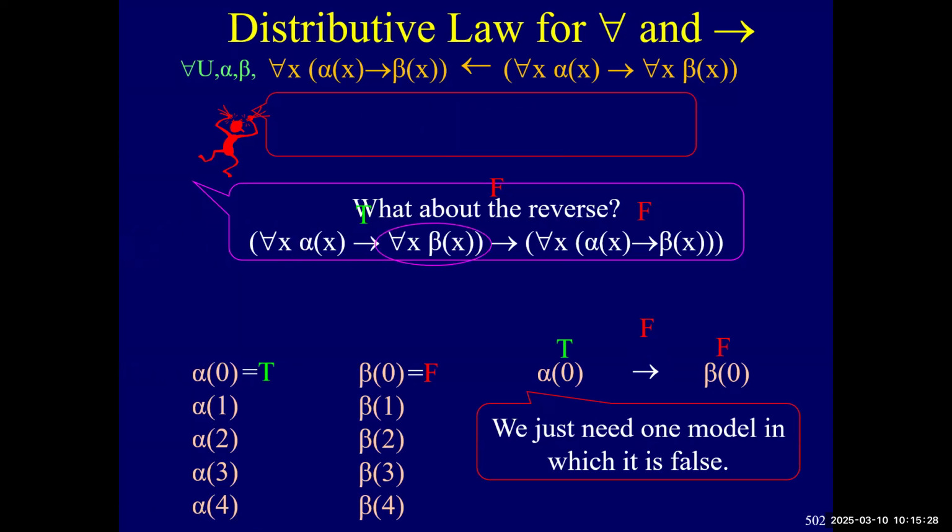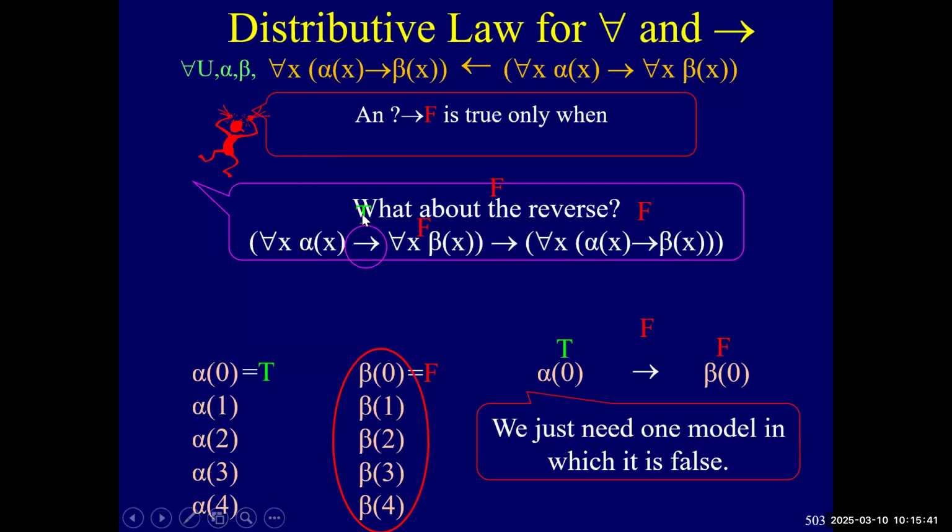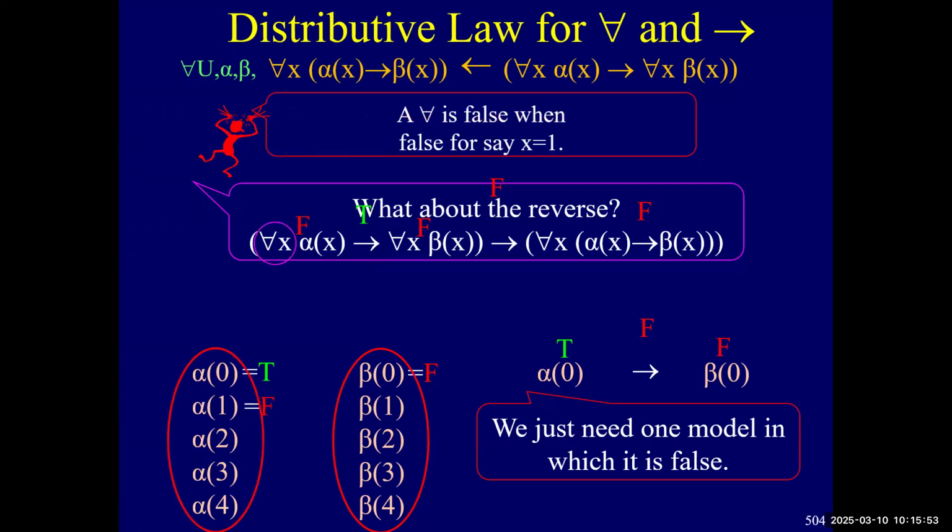And then you can ask, what about for all x beta? Is that true? Well, we already have one false, so that's automatically false. But we want to make this side true. And if this side's true and this side's false, then we have to make that side false, and to make that side false, we just have to make one of it false for one of them.